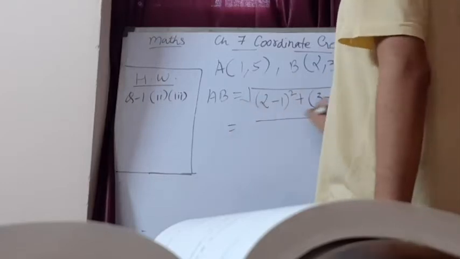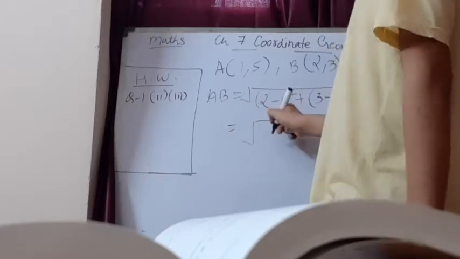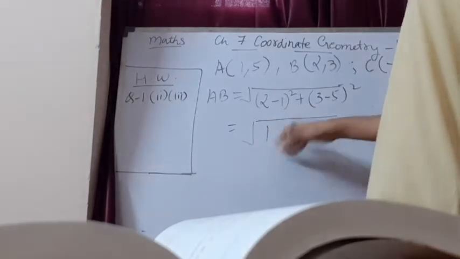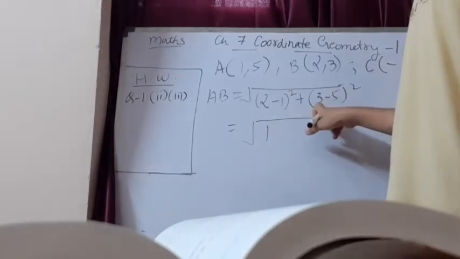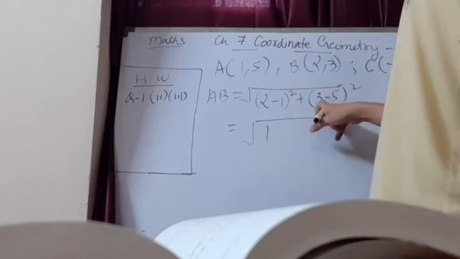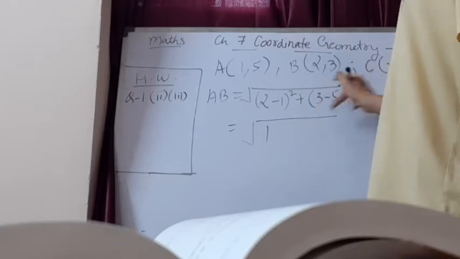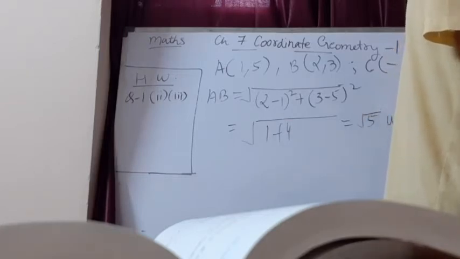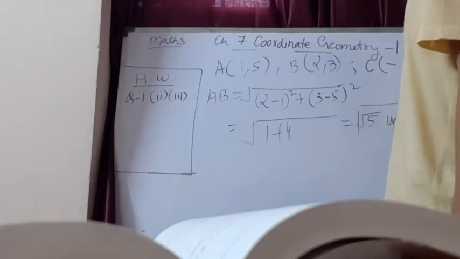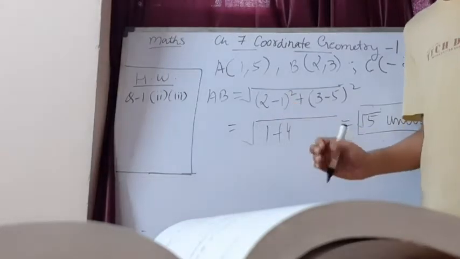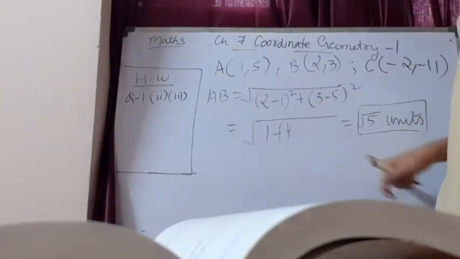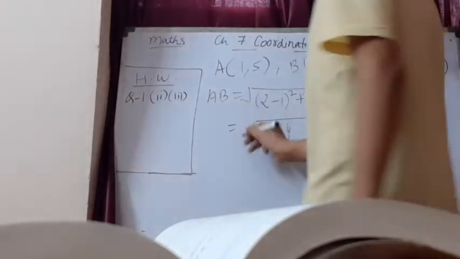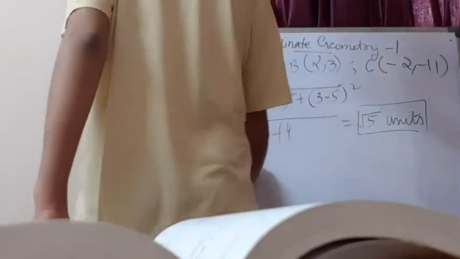That will give you the square root of 2 minus 1, 1 square is 1, plus 5 minus 3, that is minus 2 whole square, that is 4. So it is root 5 units. So by this we conclude that the distance AB is root 5 units. Getting it? Now coming to your distance BC.